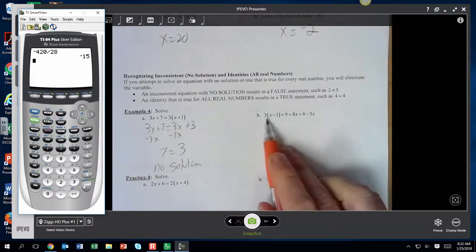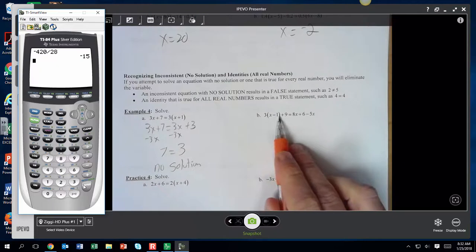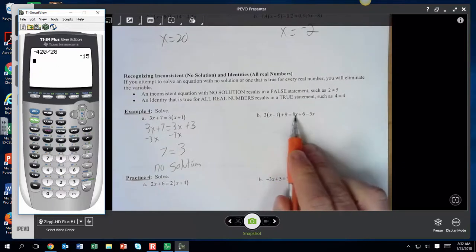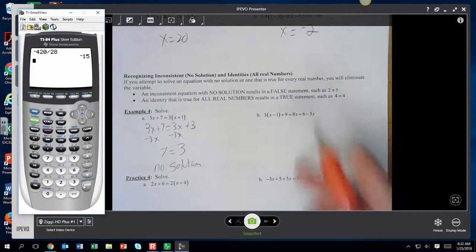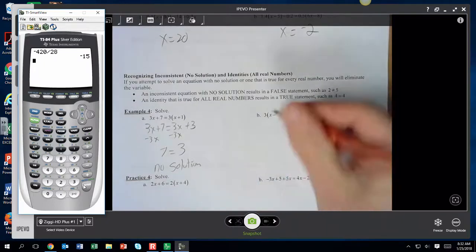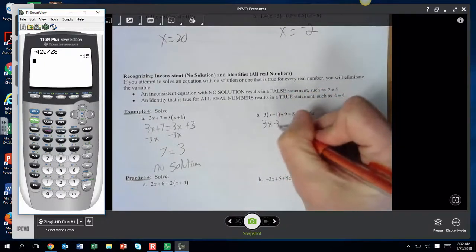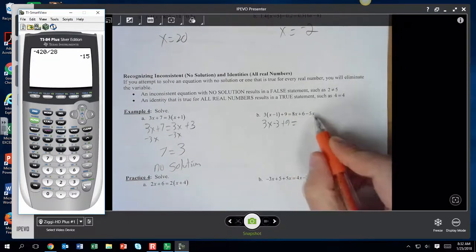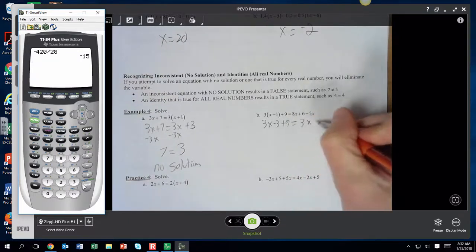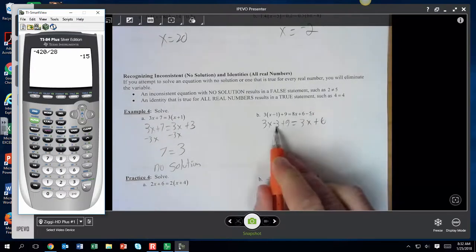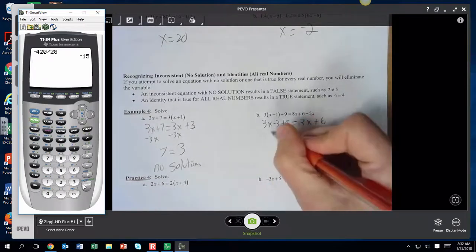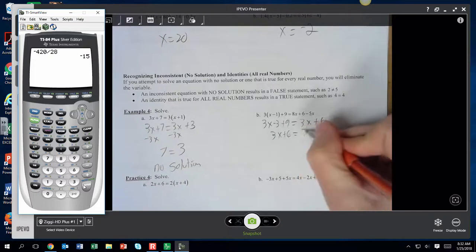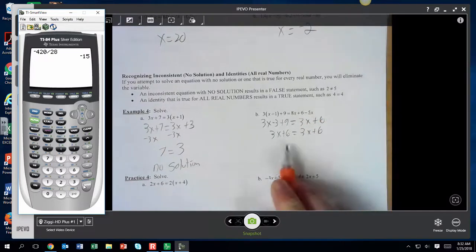For my next example, I have 3 times the quantity x minus 1 plus 9 equals 8x plus 6 minus 5x. So let's go ahead and distribute our 3 through here. So 3x minus 3 plus 9 equals 8x minus 5x is going to be 3x plus 6. If I combine my like terms on the left side, I get 3x plus 6 equals 3x plus 6.